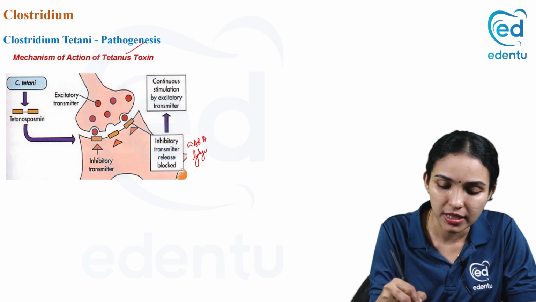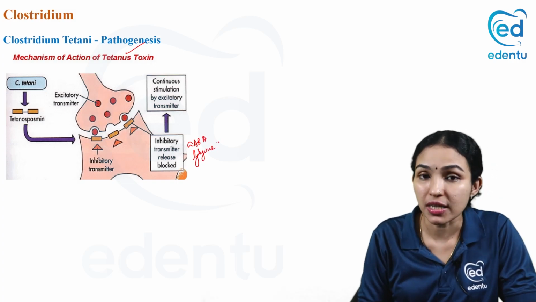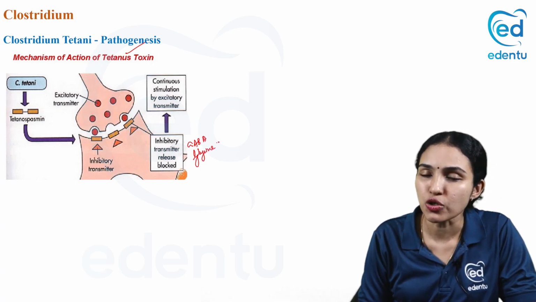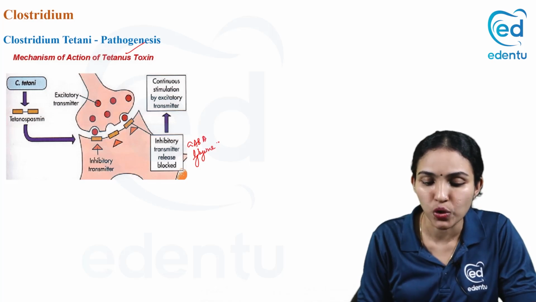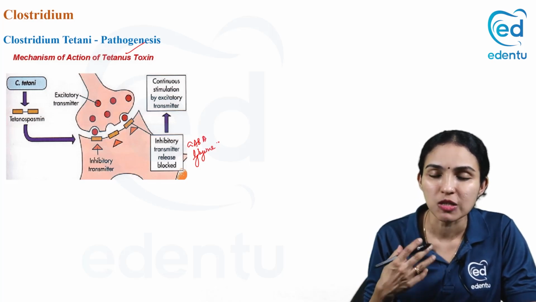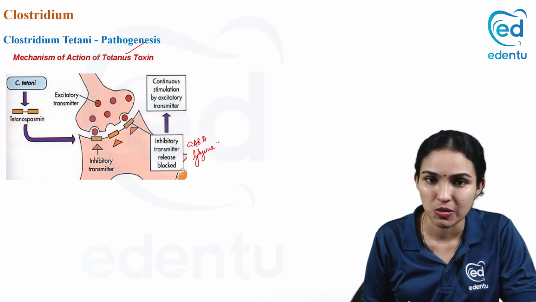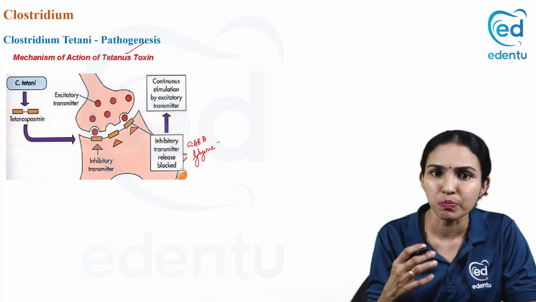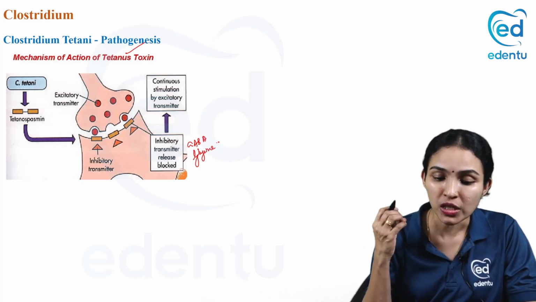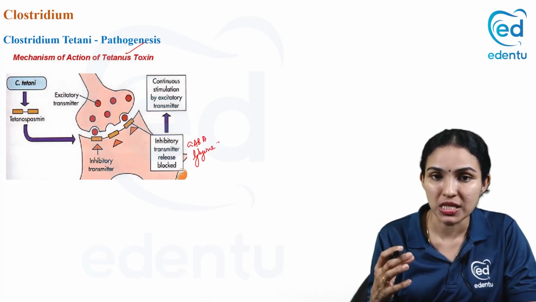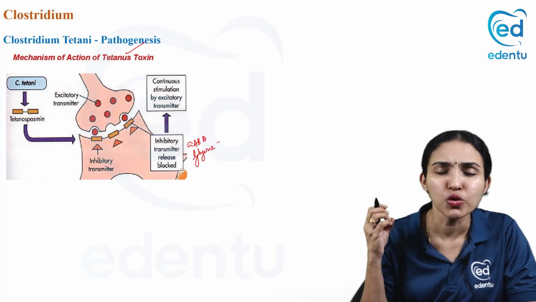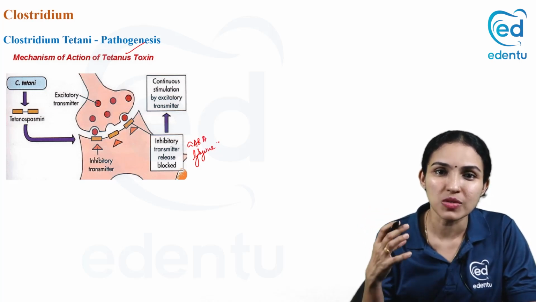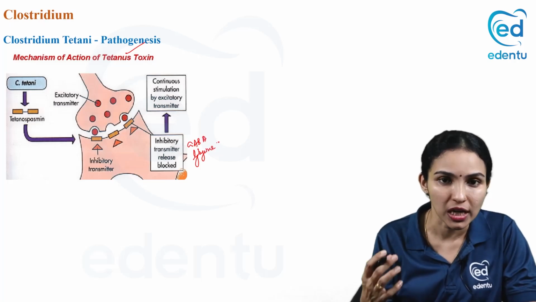When this release is blocked, what happens? There will be continuous stimulation by the excitatory transmitters. There won't be any inhibition on the transmission of nerve impulses, and this leads to increased excitatory stimulation, causing muscle spasms, rigidity, increased muscle tone, and so on.